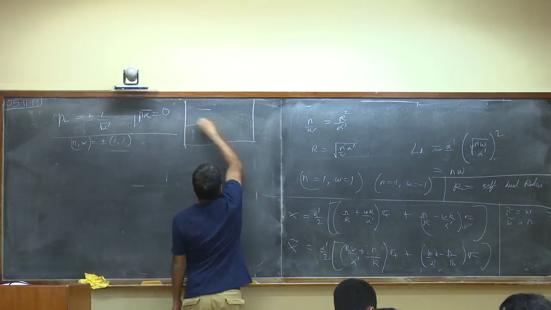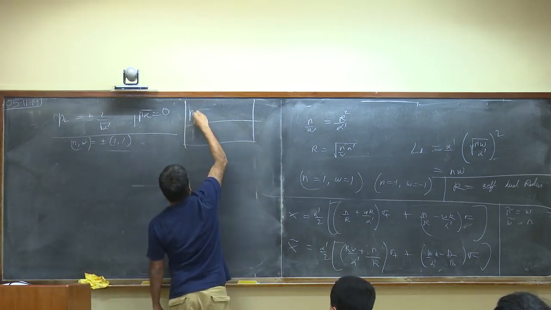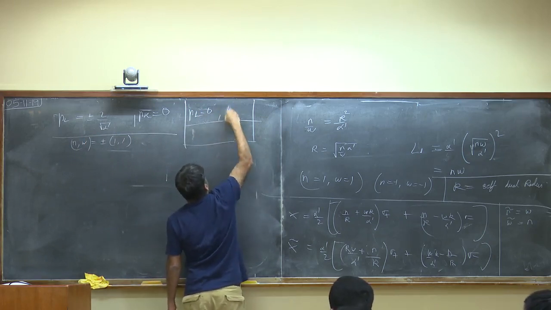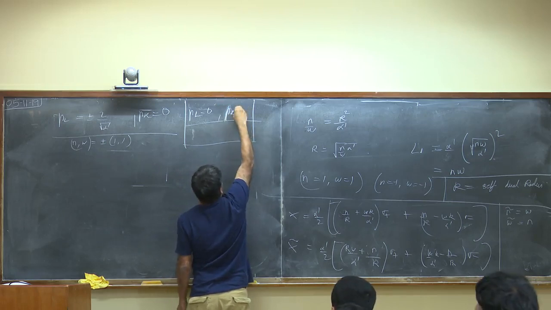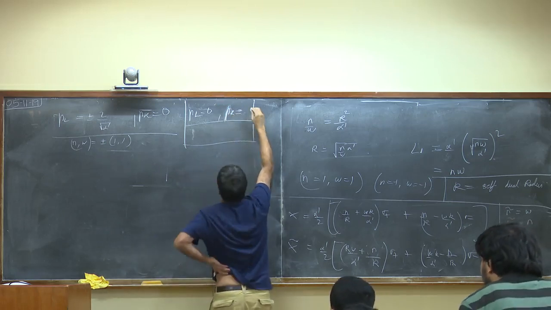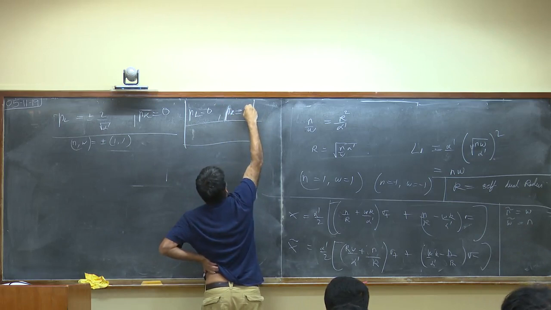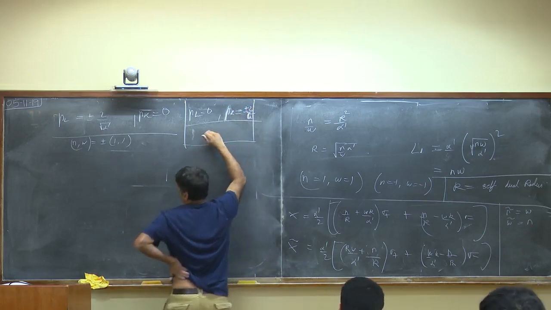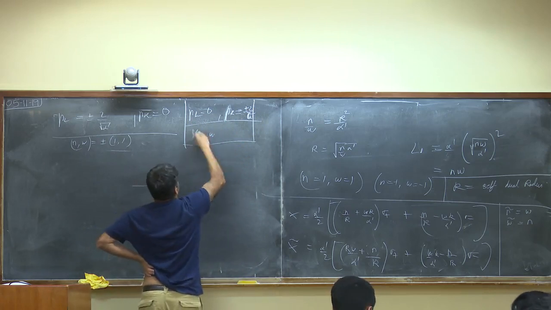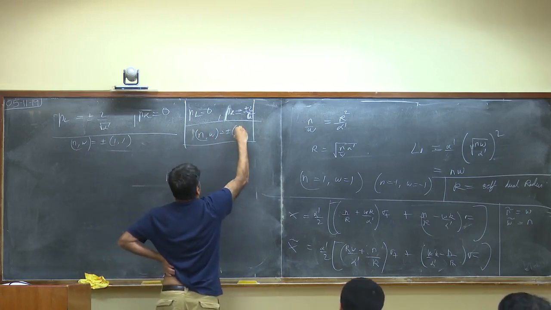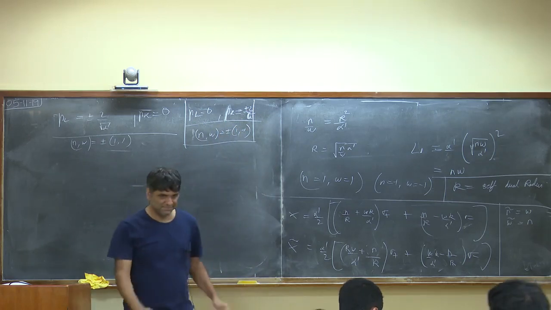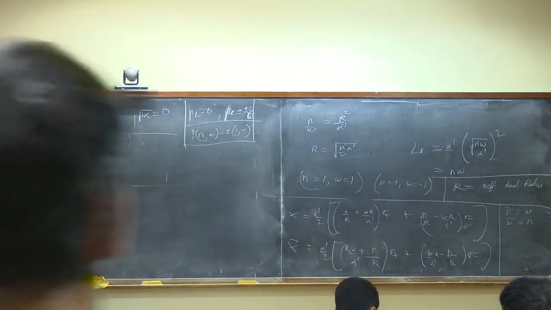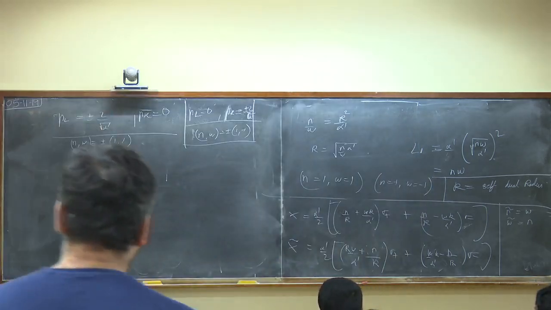And then we have the modes with PL equal to 0, PR equal to plus minus 2 by square root alpha prime, and these are the modes with NW equal to plus minus 1, 1. Okay, very good.